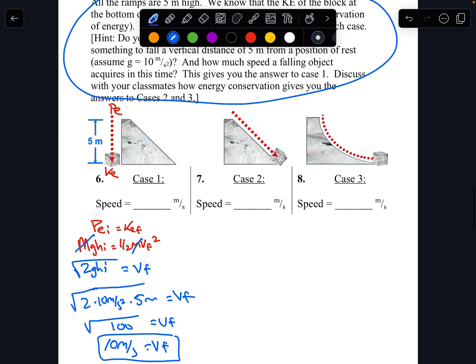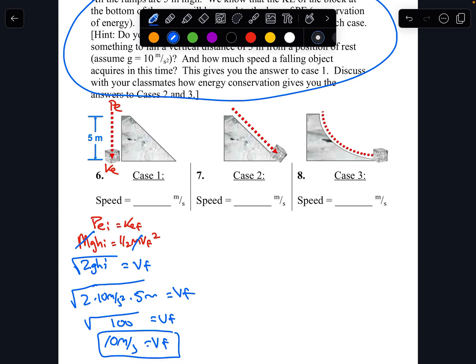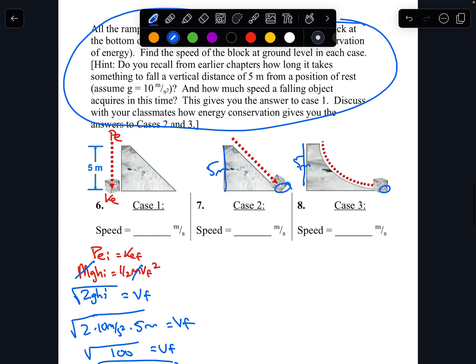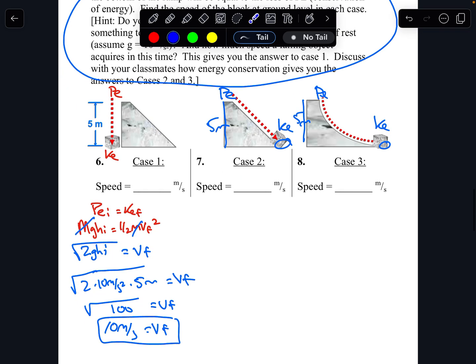Now, as it turns out, all 3 blocks start 5 meters above the ground, and all 3 blocks end up at the ground. So in all of these scenarios, our blocks are starting with the same potential energy and ending with the same kinetic energy. So our solution here for case 1 applies to both cases 2 and 3.